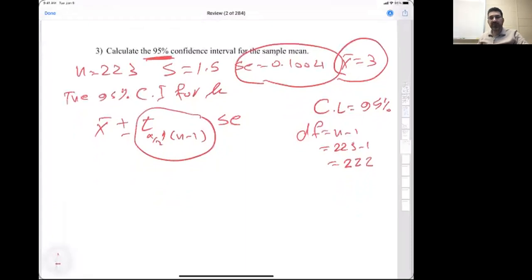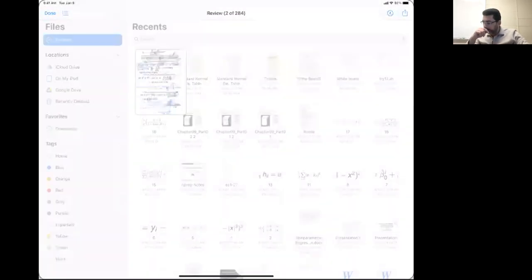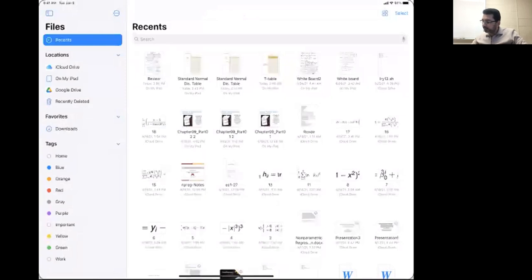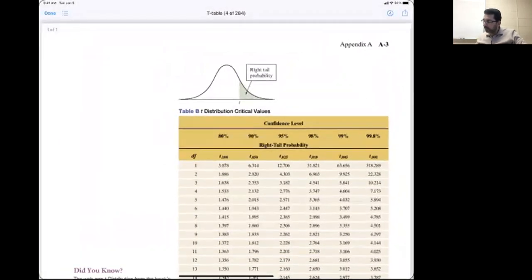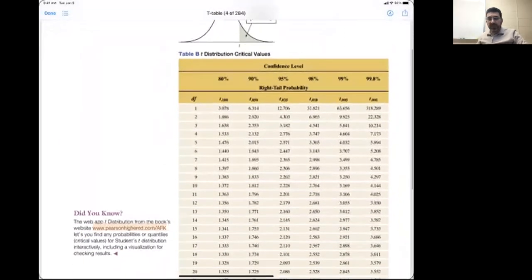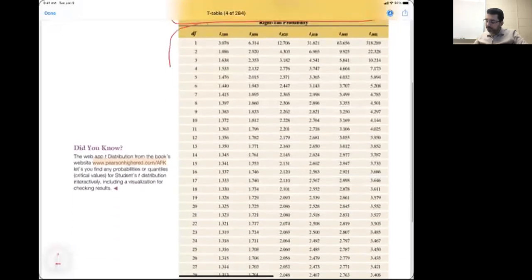Yes, we can find the t from the t table. Let's go to the t table. It's here. As you can see, in the t table you have the confidence level up there, the first row, and the degrees of freedom here, the first column.